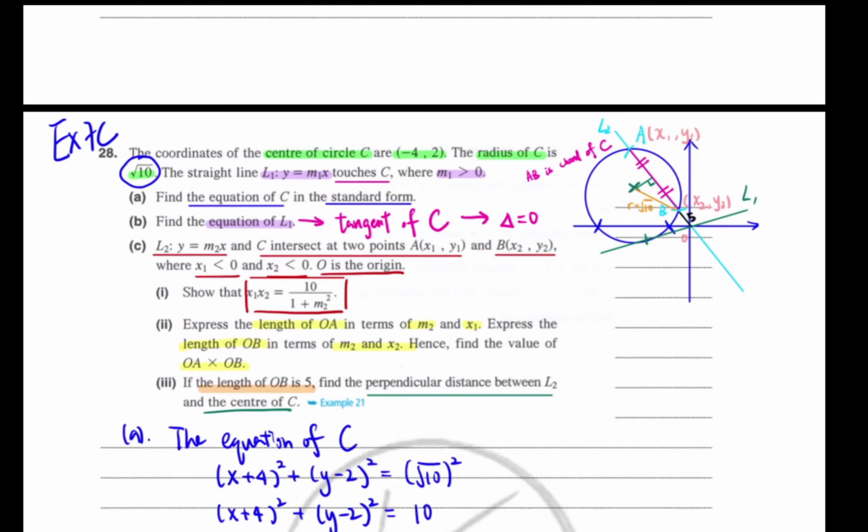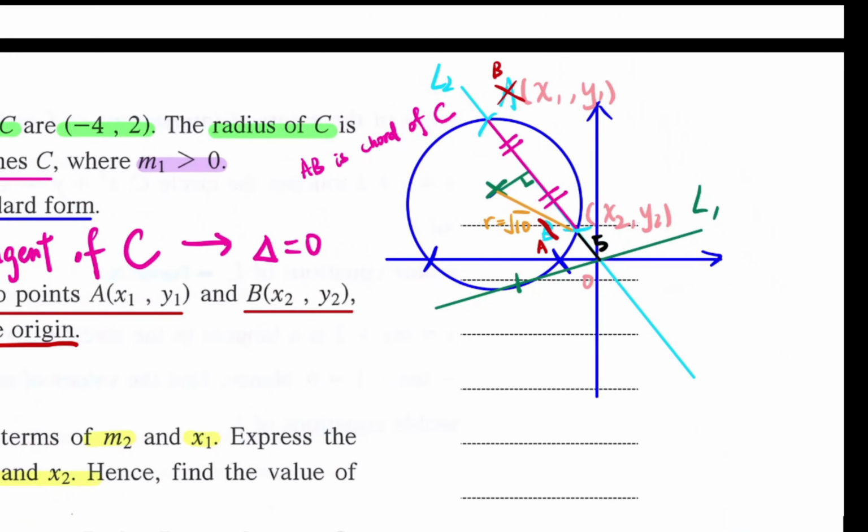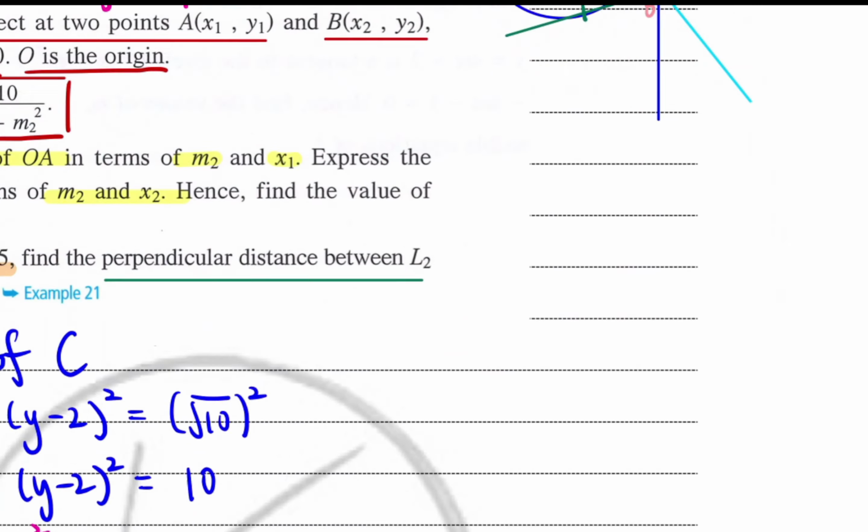Actually, our graph will be like this. So your B position will be A, and A position will be B, as OB is longer than OA. So no worry to change your graph. Your sketch is just helping you to solve your problem. You may need to change your graph every time by adding some extra information.